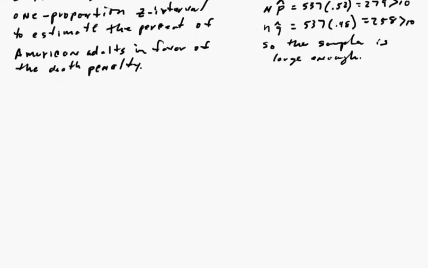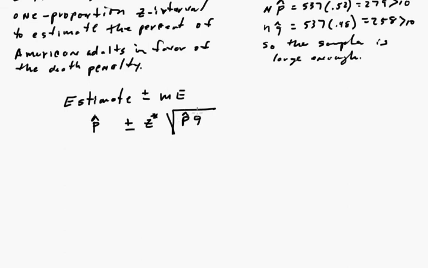So let's just think about what is a confidence interval. So it's an estimate plus or minus the margin of error. So our estimate in this case was p hat plus or minus z star times the square root of p hat q hat divided by n.